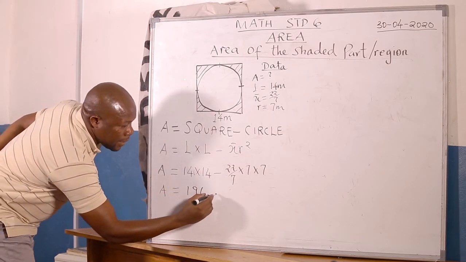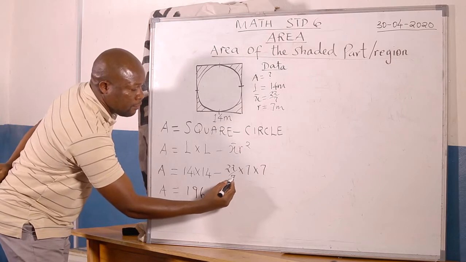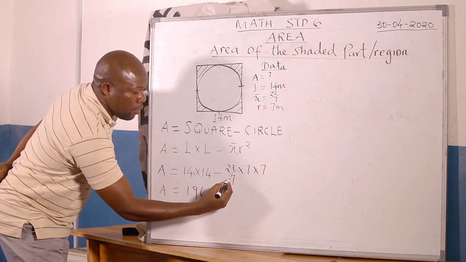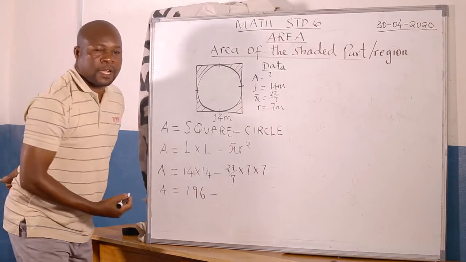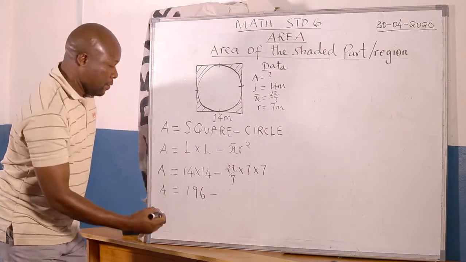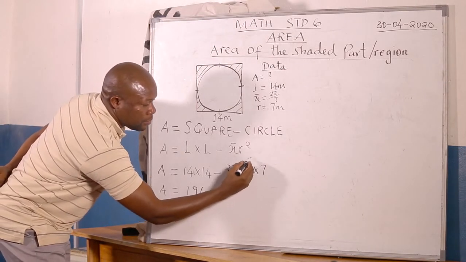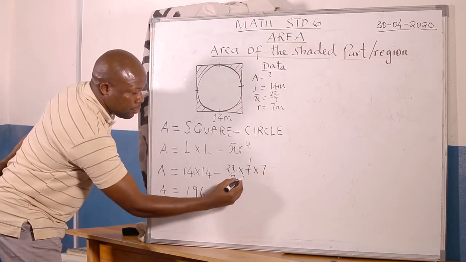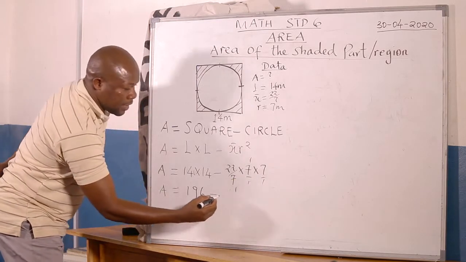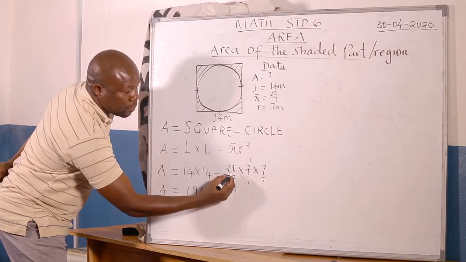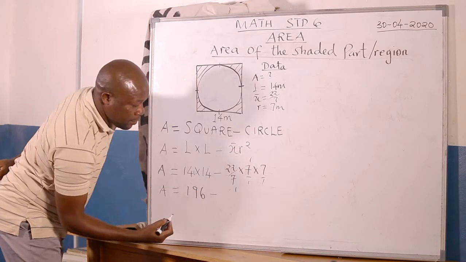196 minus, let us simplify this fraction by the common factors. The common factor here is 7. So we are going to take 7 goes into 7 times 1 and 7 goes into 7 times 1. Therefore, we are going to multiply the numerators, which are 22 times 1 times 7.